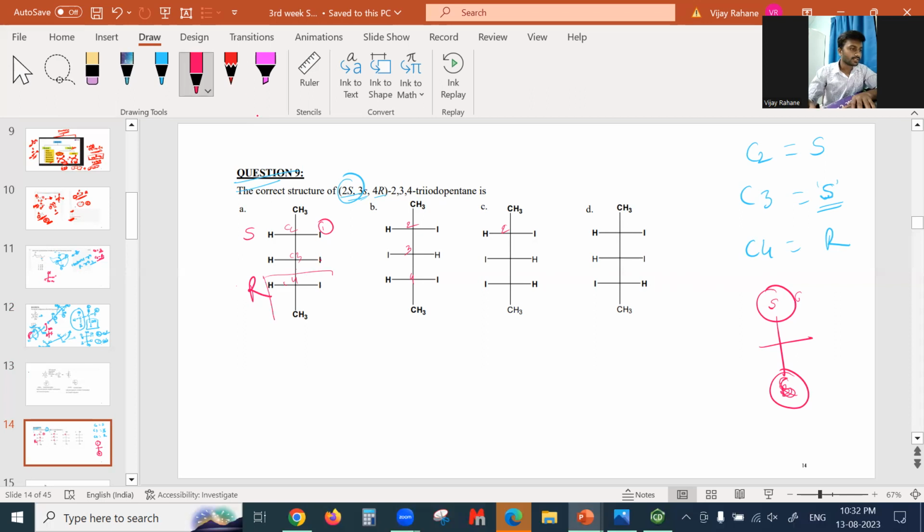See here, the atoms and all are the same, but where is the difference? The only difference is in the configuration of this, and the R configuration has the priority first, right, as compared to the S configuration.